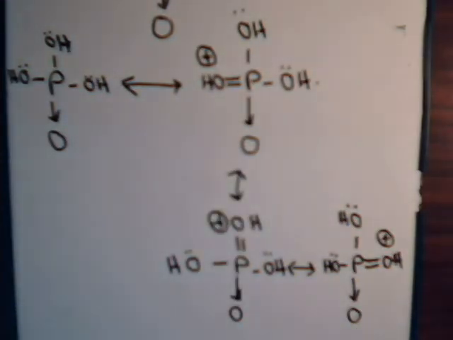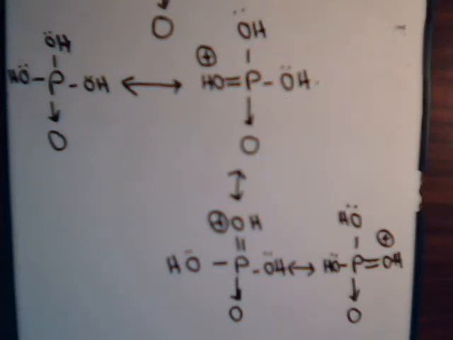And again, as we pointed out in previous videos, the more canonical structures you can write, the more stable a molecule is. But again, to emphasize, unlike the other videos in the previous series, these different canonical forms that we're writing are not a result of p orbital electron delocalization.